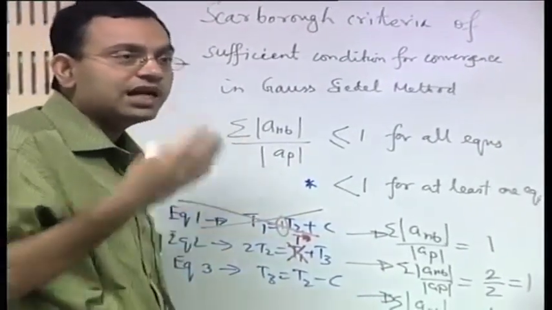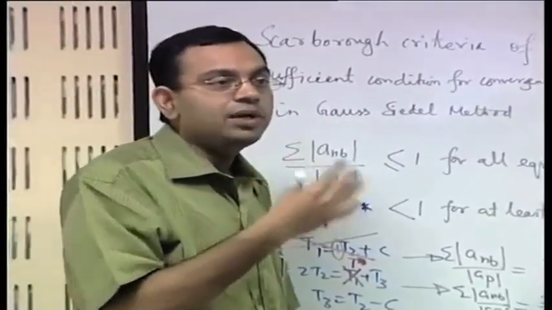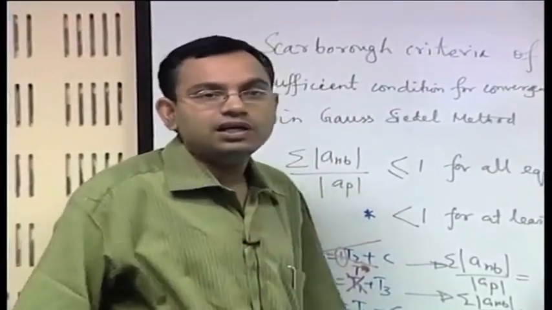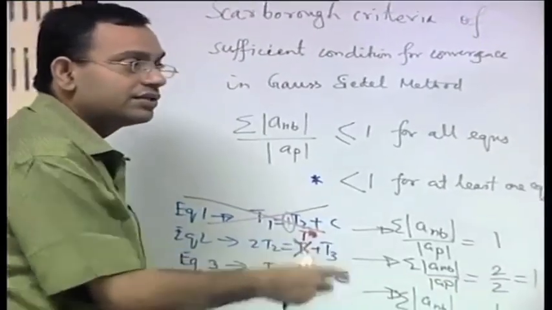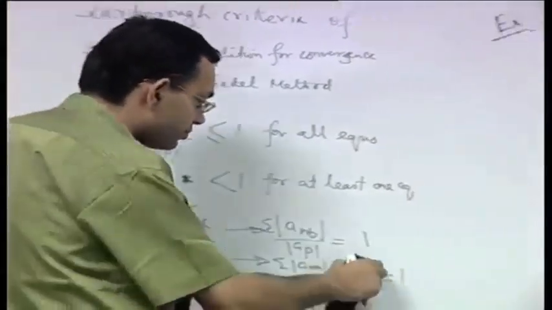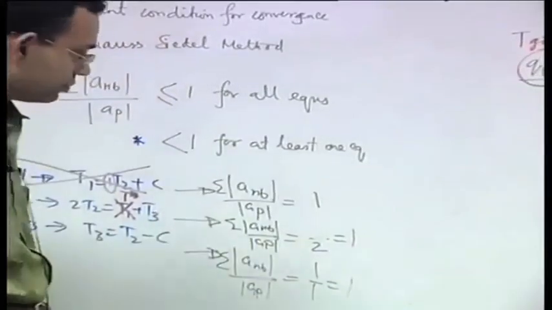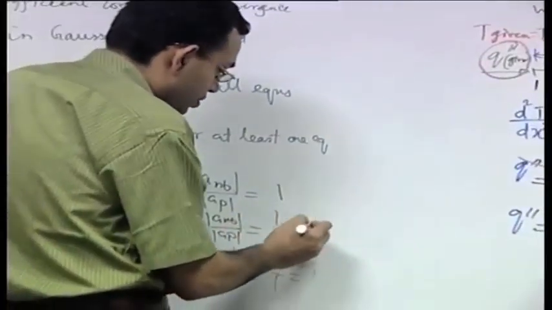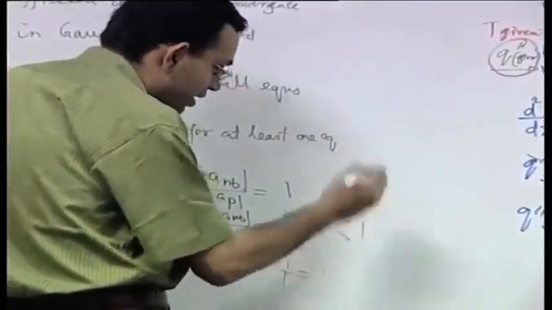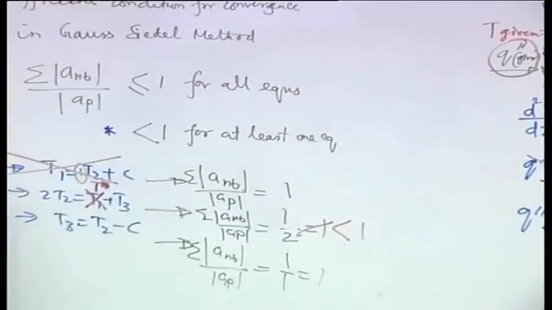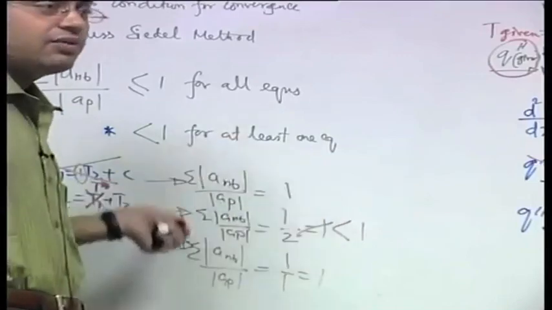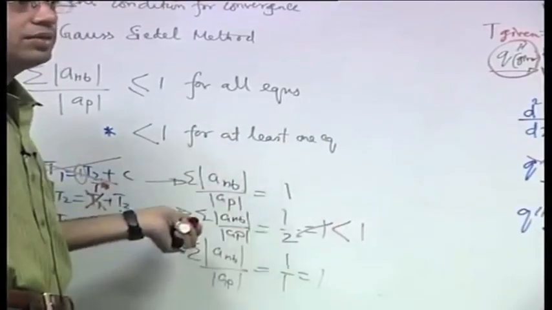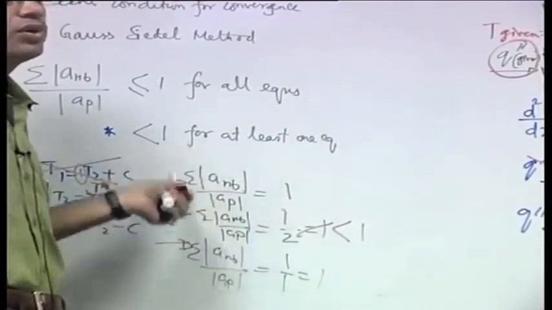It is of course physically a neighbor, but mathematically it is no more a coefficient. So mathematically the only neighbor is T3. So it is 1 by 2, and that means it is less than 1. So now you can see that with redefinition of this problem it satisfies the Scarborough criterion.